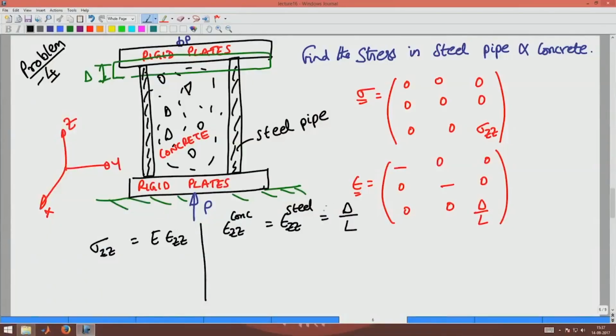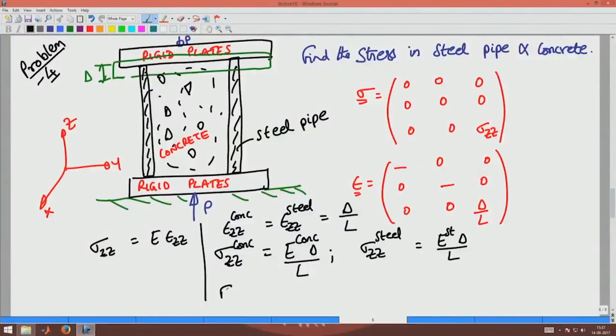Now, since I have computed the strain, next I compute the stress in the concrete. It would be E of concrete times delta by L, the strain in the concrete, and sigma ZZ of steel would be the Young's modulus of steel into delta by L. Now, what should I do next? Appeal to the equilibrium equations.